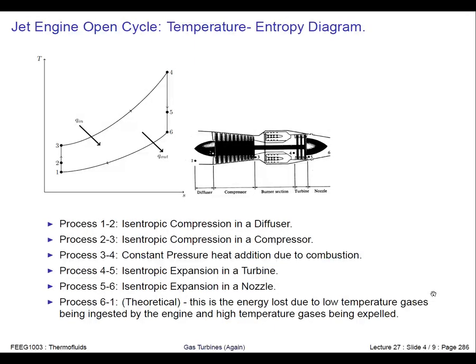So what does the jet engine open cycle look like? Effectively we get 6 stages. So we go from 1 to 2, which is our compression in our diffuser, and then we do our power stroke in the compressor to get us up to 3. And then we have to add all of the energy up to state 4, which is the entry to the turbine.